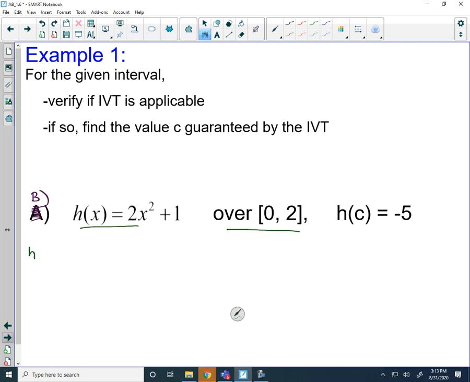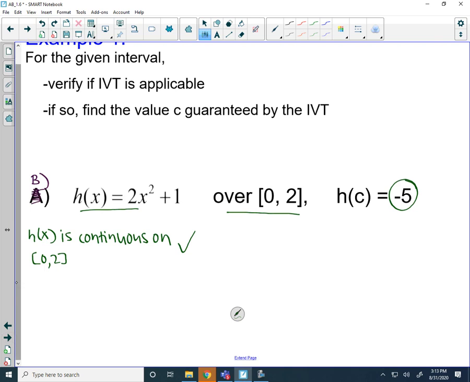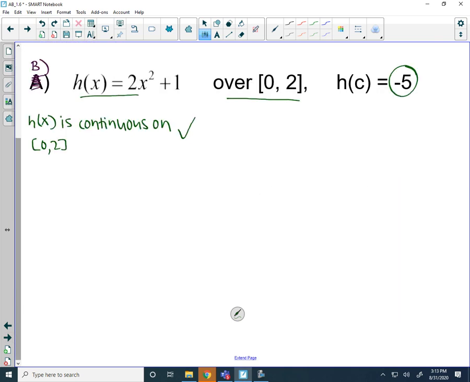So I'm thinking h of x is still continuous on the closed interval given, on the closed interval 0 to 2. So check, we met our first of 2 requirements. Then I need to decide if -5 is between h of 0 and h of 2. Well, remember, we already calculated h of 0 and h of 2.